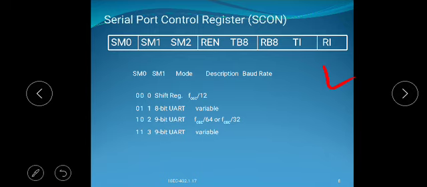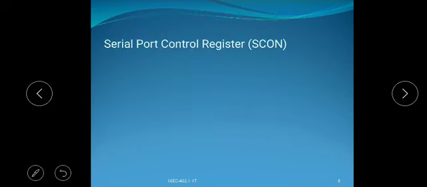The baud rate is 1/64th of the oscillator frequency or 1/32 of the oscillator frequency. 1, 1 is mode 3, the 9-bit universal asynchronous receiver and transmitter. The baud rate is variable.